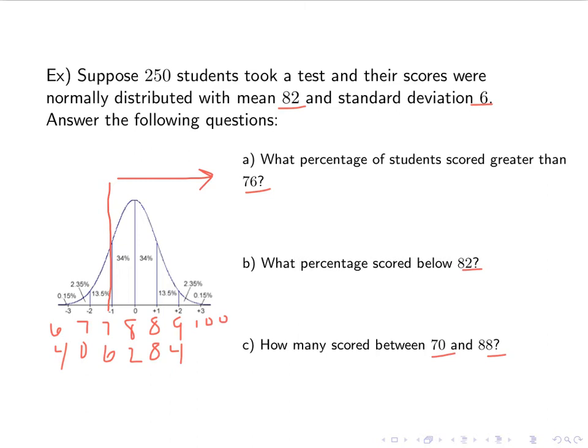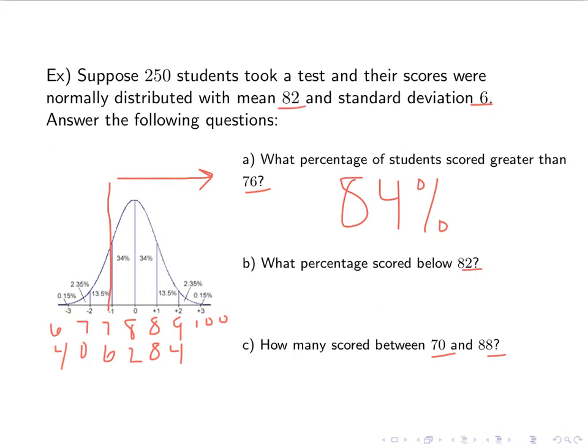So I'm going to add up all the percentages that are to the right. The 34 plus the 34 plus the 13.5 plus the 2.35 plus the 0.15. And if I do that, I should be getting 84%. Notice that if I add all of them up, I get 100%, which hopefully makes sense.